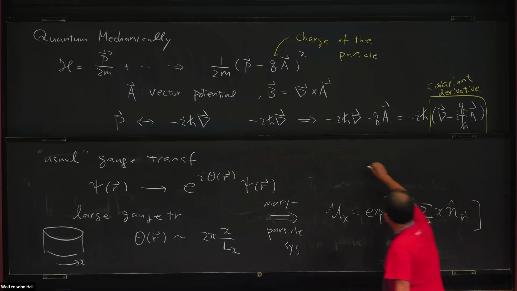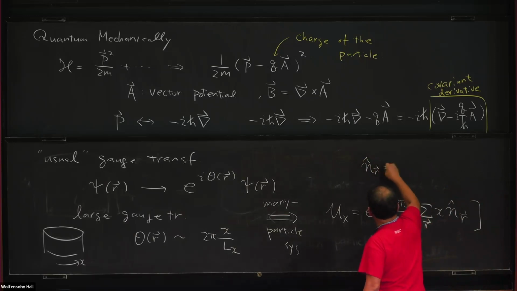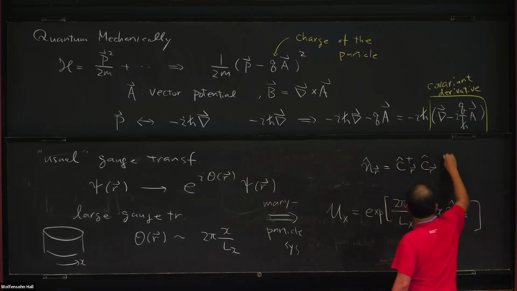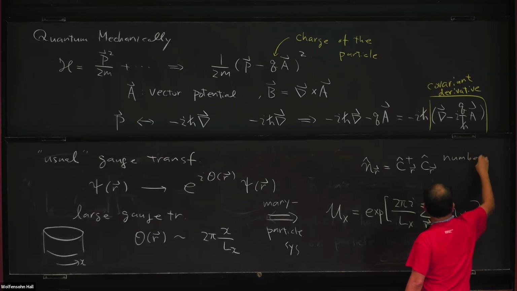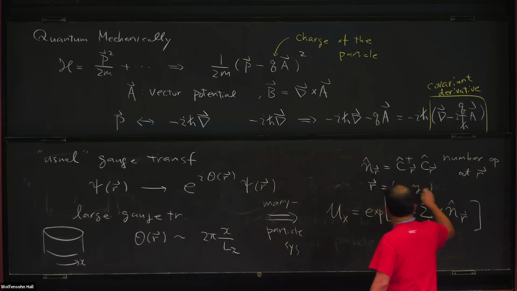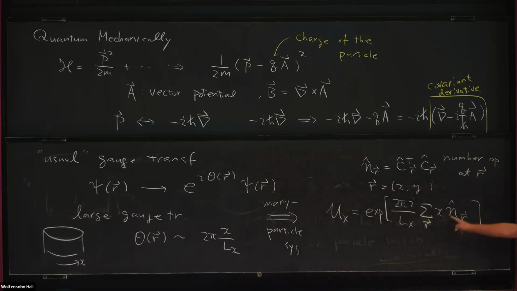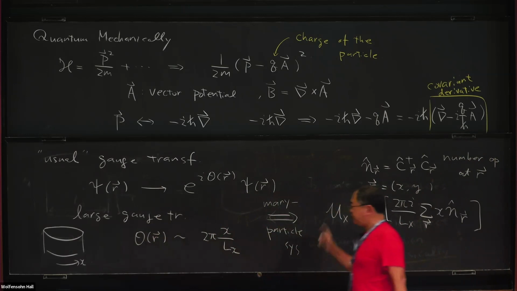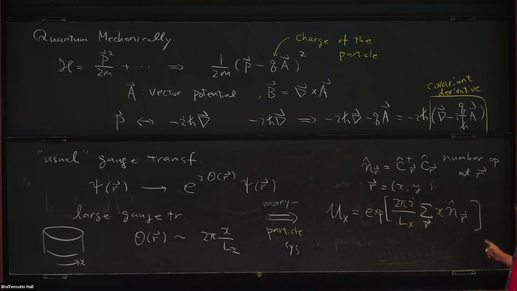And this n_R is the number operator at lattice site R, and this R consists of x, y for two-dimensional system, and this x is the x coordinate of this location R. So basically, this corresponds to this phase for gauge transformation.